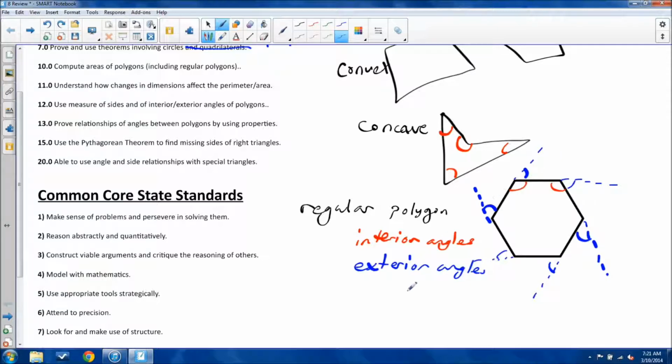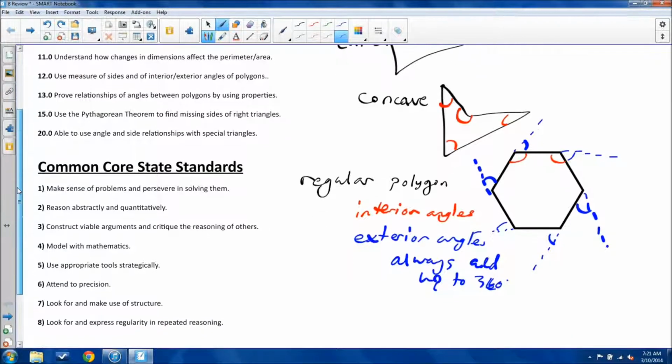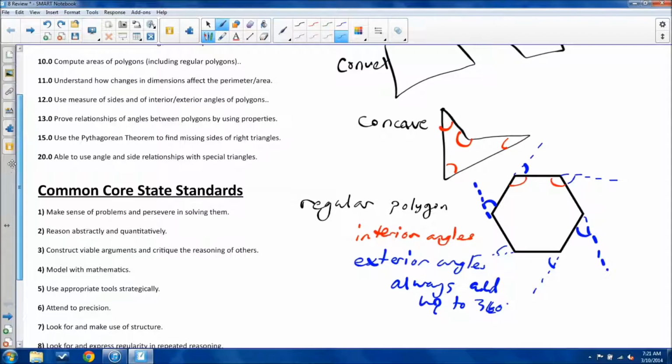Now, exterior angles always add up to 360. Okay, so this plus this plus this plus this plus this, etc., they all add up to 360. And what's special about exterior angles here is we can use that concept and say, okay, what if we have a regular polygon where all angles are congruent? And by that I mean interior angles.